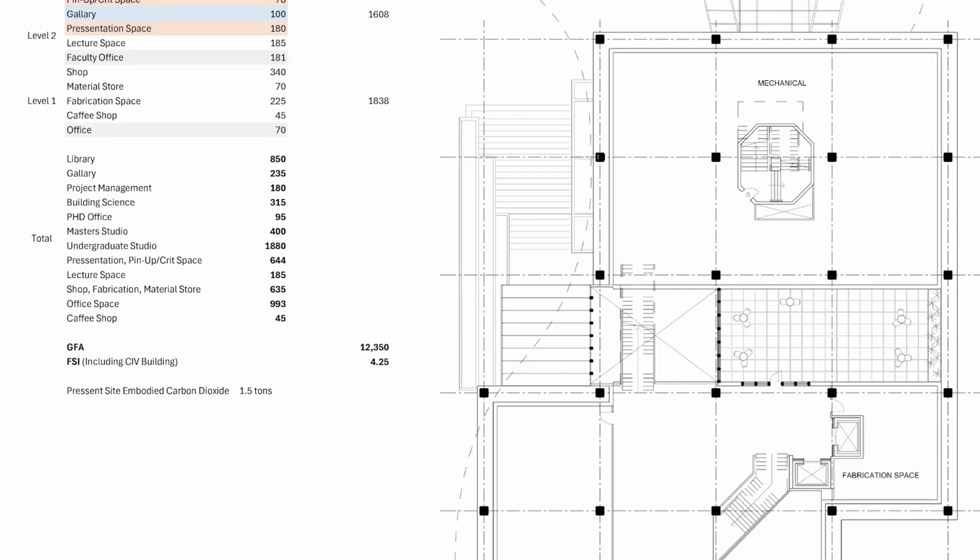Then below that we got the embodied carbon of the existing building. That is actually important to have for this project, because a lot of people are just getting rid of the entire building.